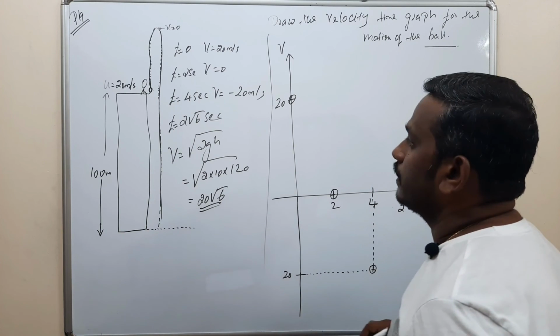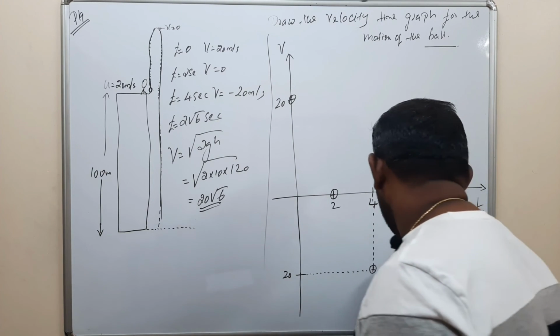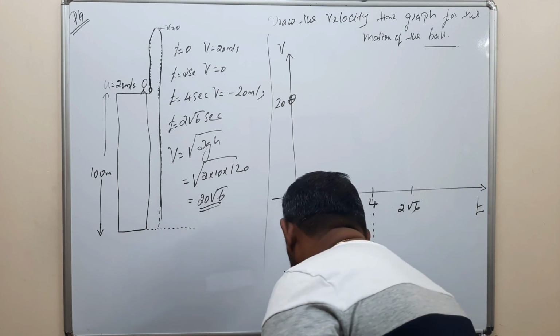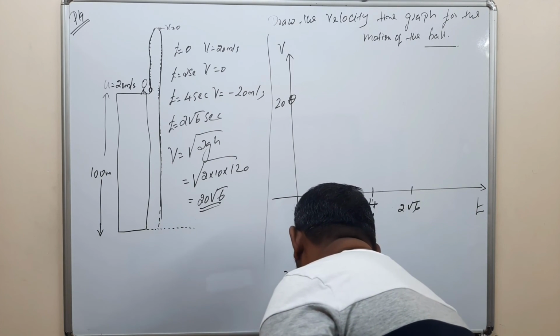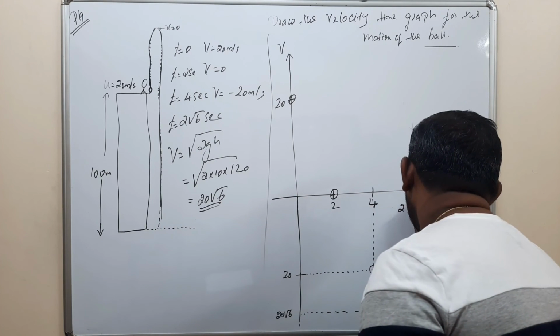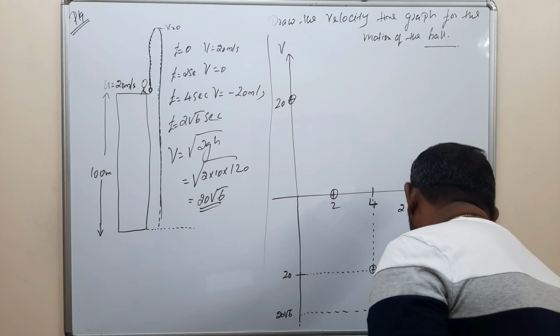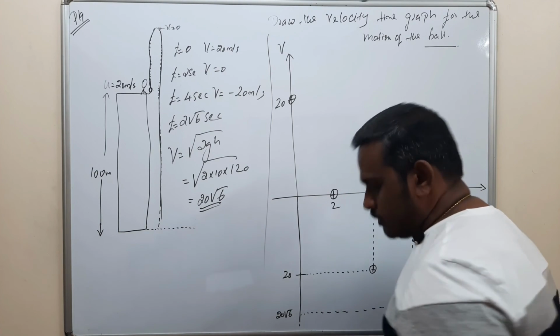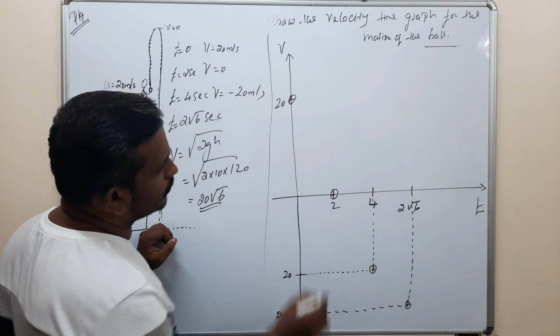At t is equal to 2 root 6, it is minus 20 root 6. So connecting all these points, you have to draw the graph.